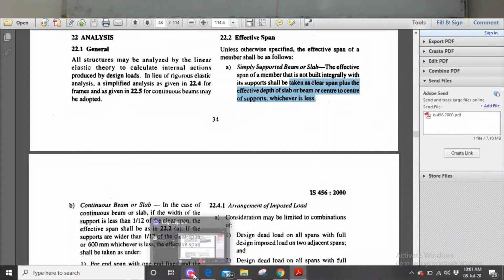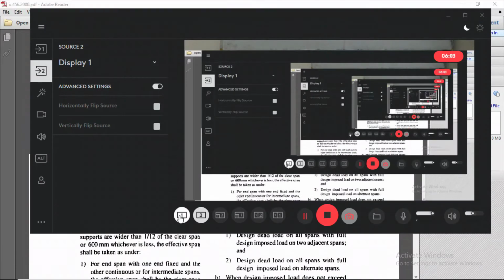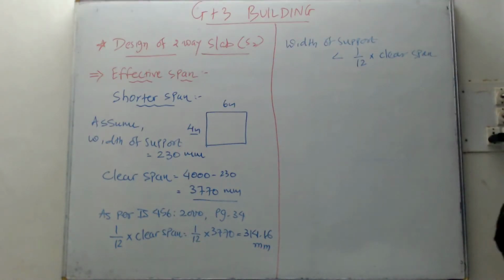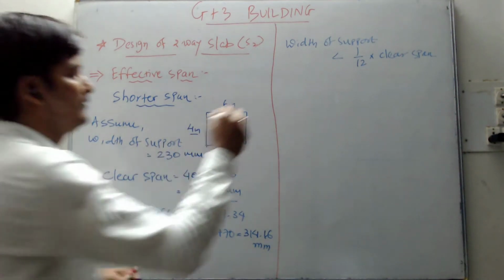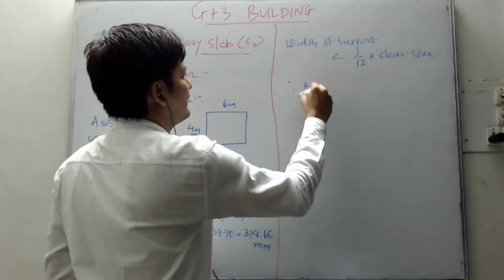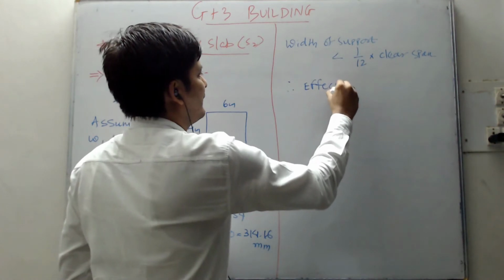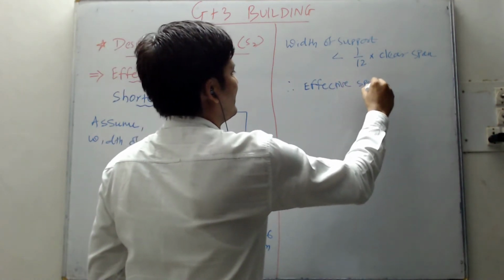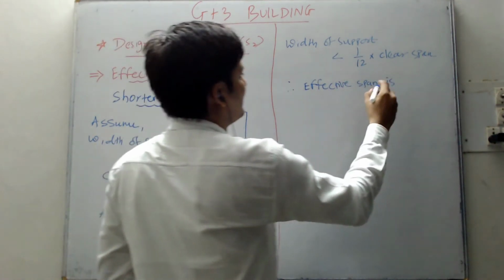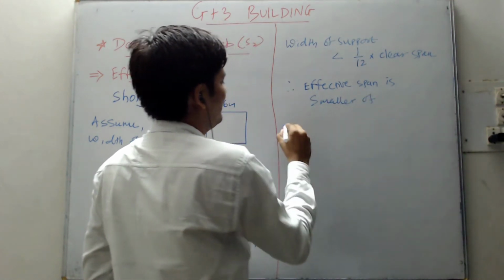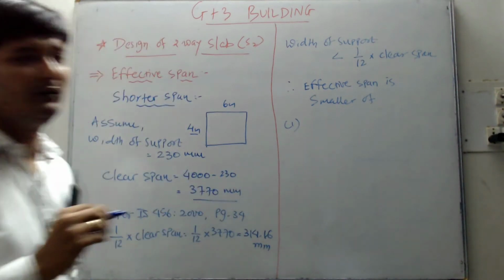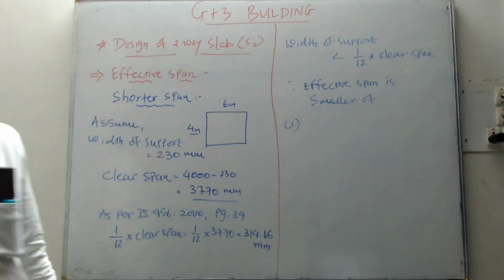So let us go back to board. The effective span is the smaller of, therefore, the first value is clear span plus effective depth, right?